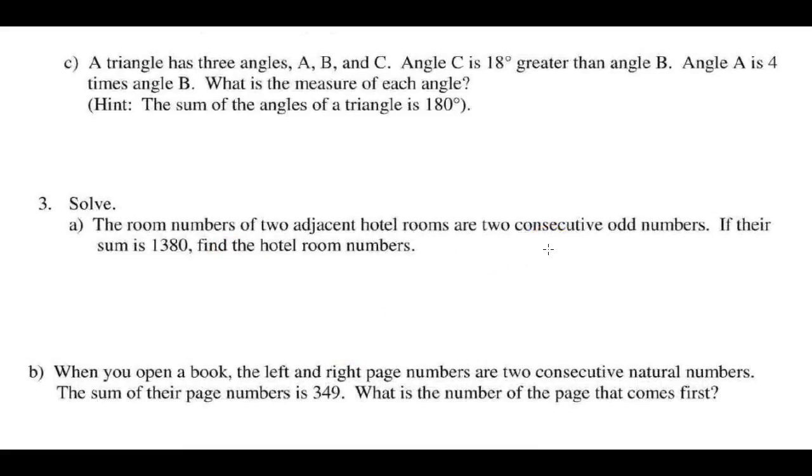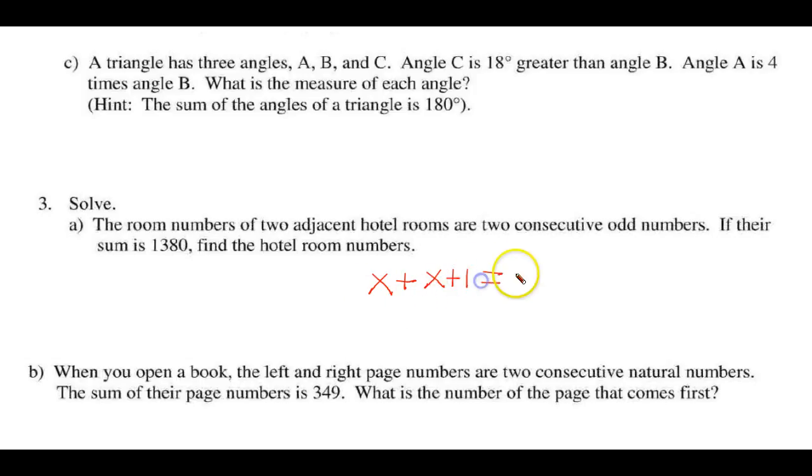Okay, let's go on. Our last example here is when you open your book, the left and right pages are consecutive natural numbers. So if x is the first, that's the first page. The next page is consecutive. We just add a 1 to it.